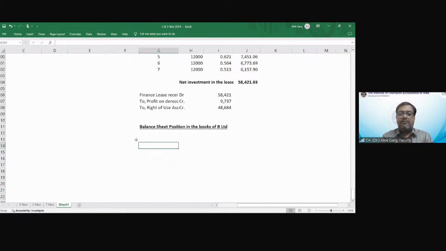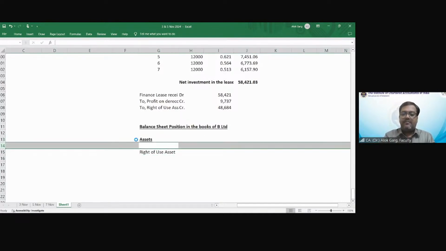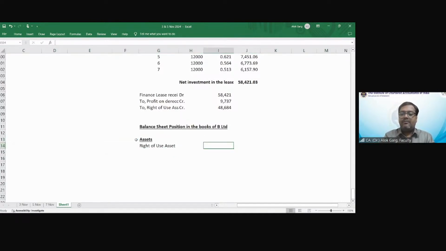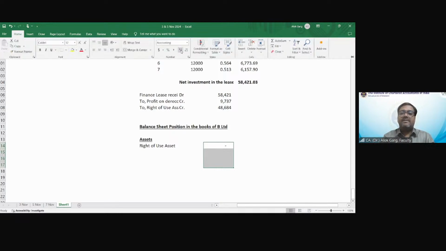So what is the position of assets and liabilities? Assets: will the right of use asset be shown in B's books? Nil, zero. Which asset will be shown in B's books? Finance lease receivable under the financial asset, right?